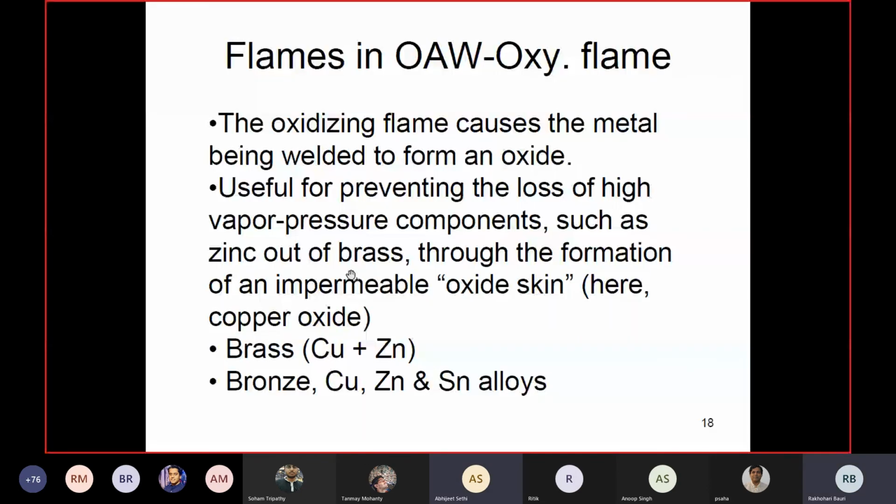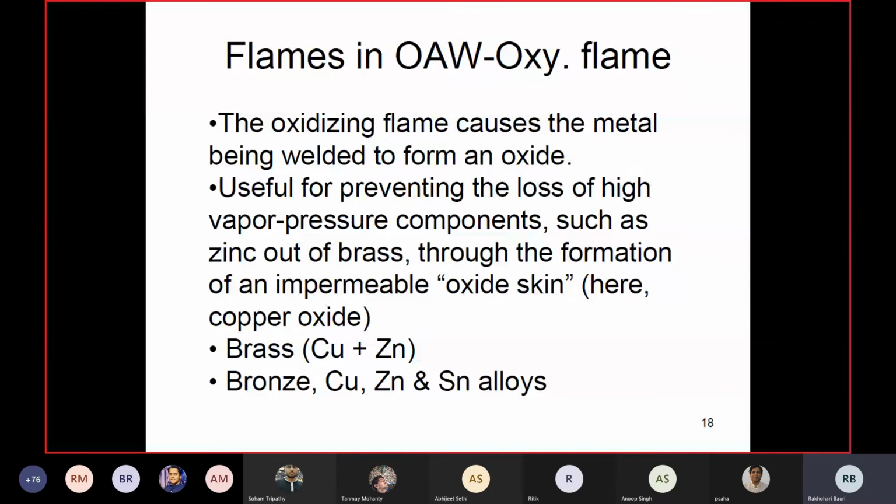Now, see, second point: useful for preventing the loss of high vapor pressure components such as zinc out of brass through the formation of an impermeable outer skin. It is an oxidizing flame, so initially it will oxidize the liquid, and as the metal oxide is less dense, it will float over the surface of the molten metal and make a protective layer.